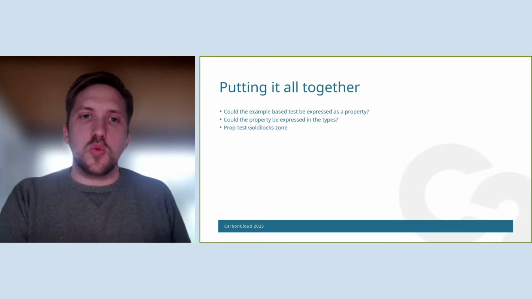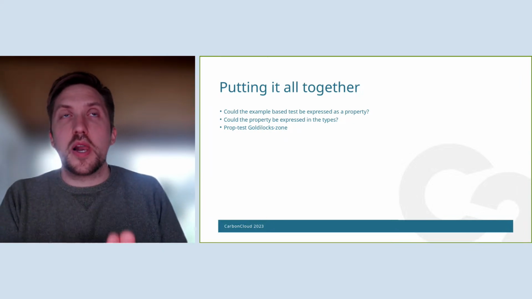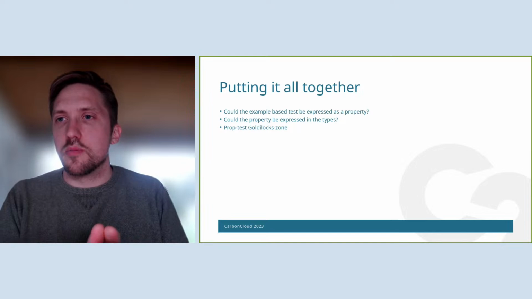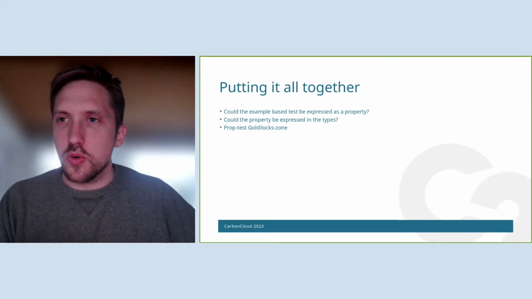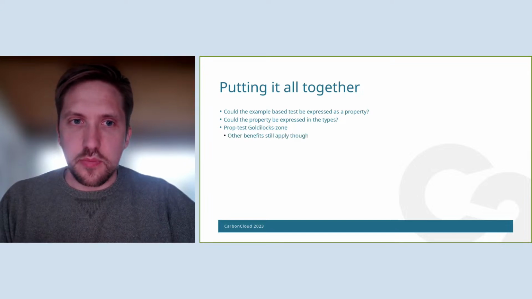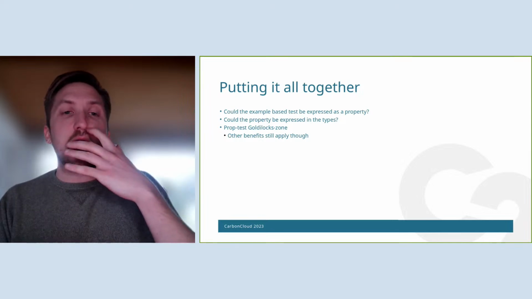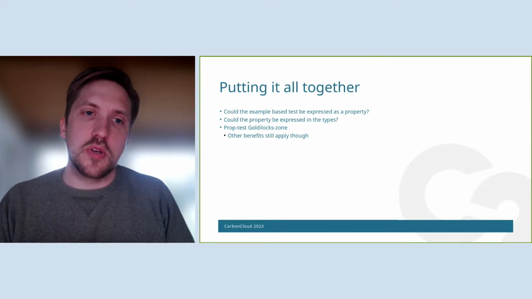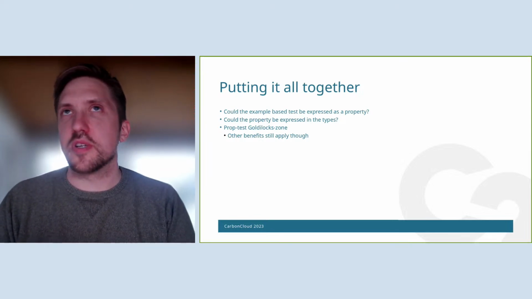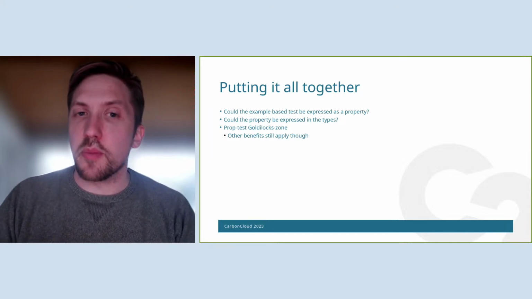So we have property-based testing as a tool when the cost of expressing it in types becomes too high, whatever your tolerance for that cost is, or when the compiler cannot do it.